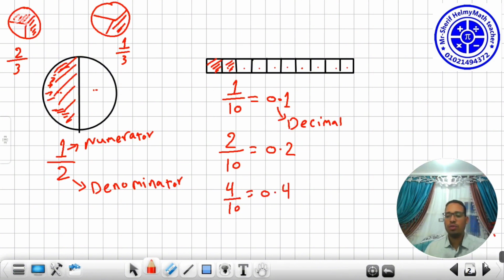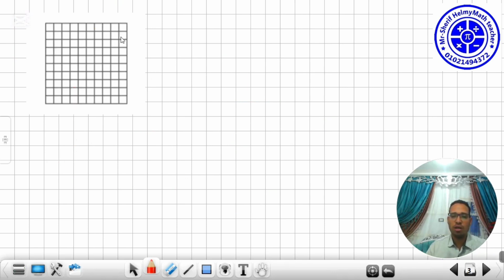What about if we have one whole shape and we cut it into 100 parts? So our denominator, the number down, will not be 10, it will in this case be 100. Why 100? Because we have here 100 parts, 1, 2, 3, 4, 5, till we reach 100. If we colored one small part, we have 1/100.